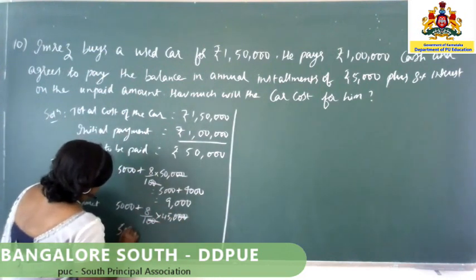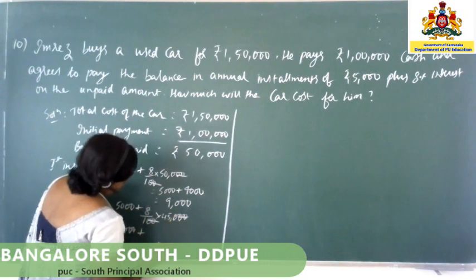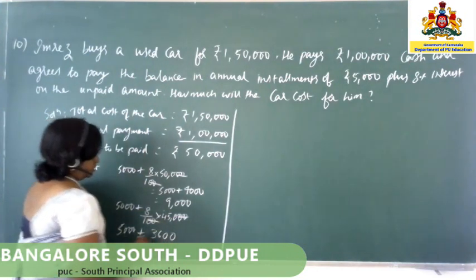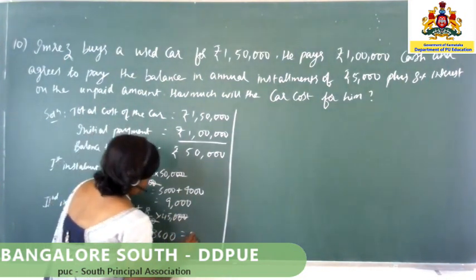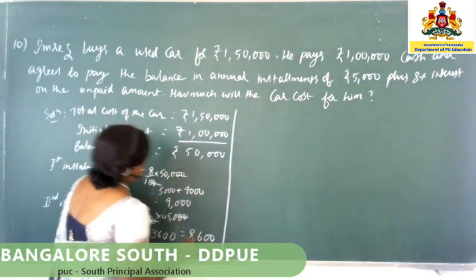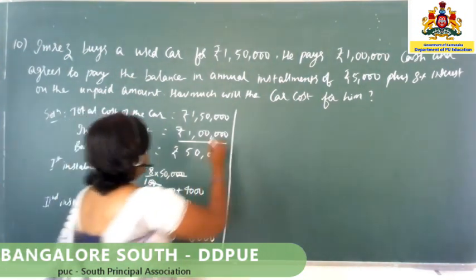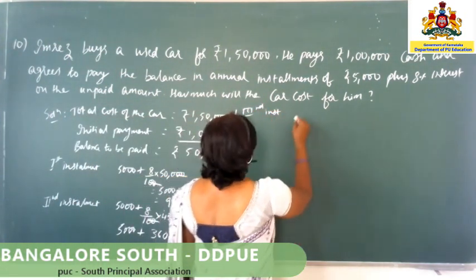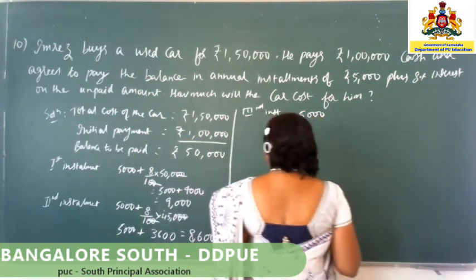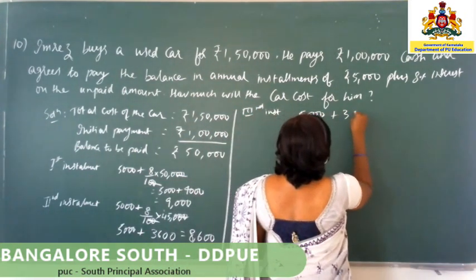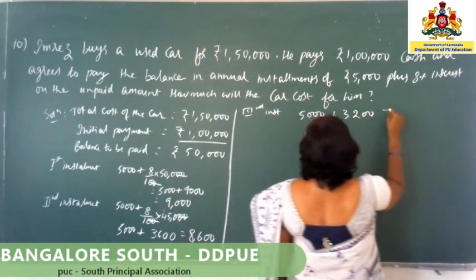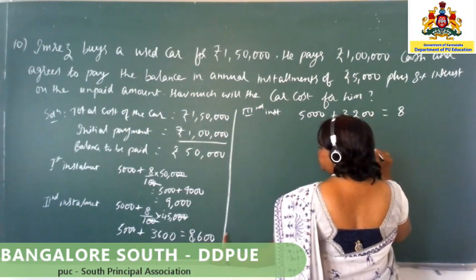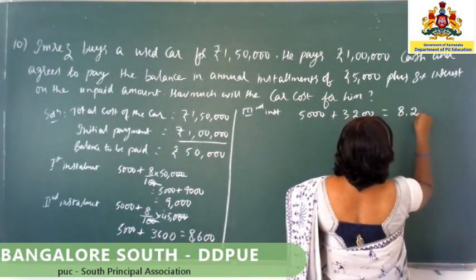So 5,000 plus 8 into 45, 36. So this is equal to 8,600. Same way, the third installment will be 5,000 plus 3,200. That will be equal to 8,200.